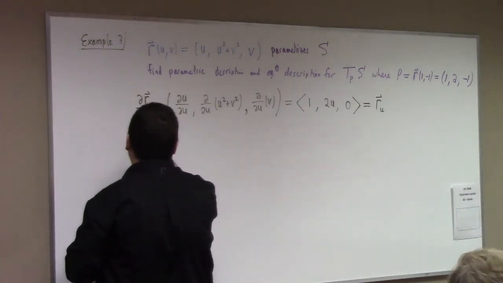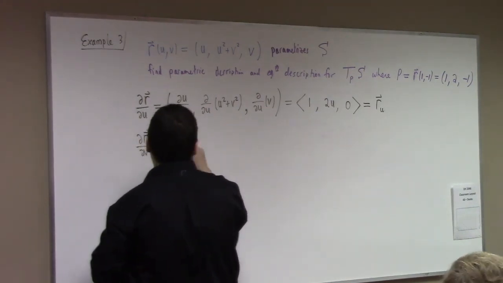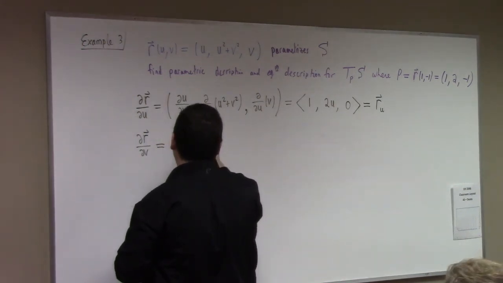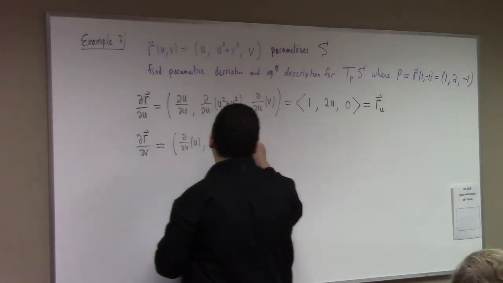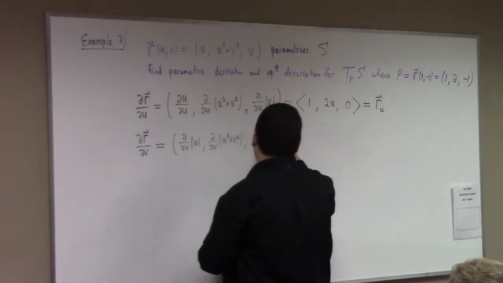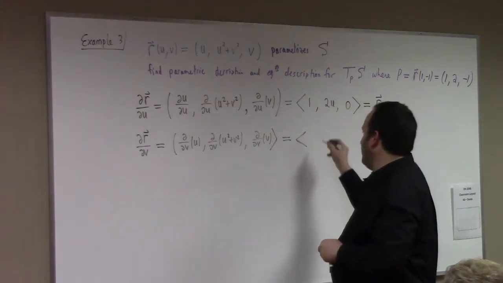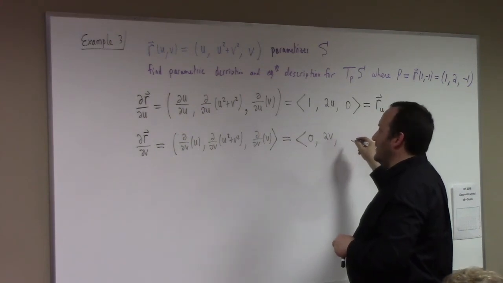What's partial r, partial v? So we've got partial v of u, partial v of u squared plus v squared, partial v of v, which is what? 0, 2v, and 1.